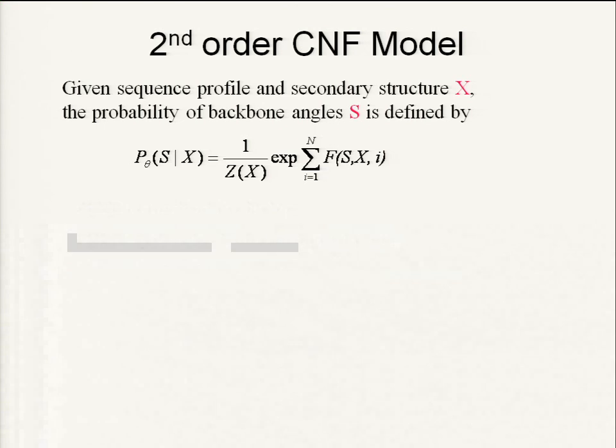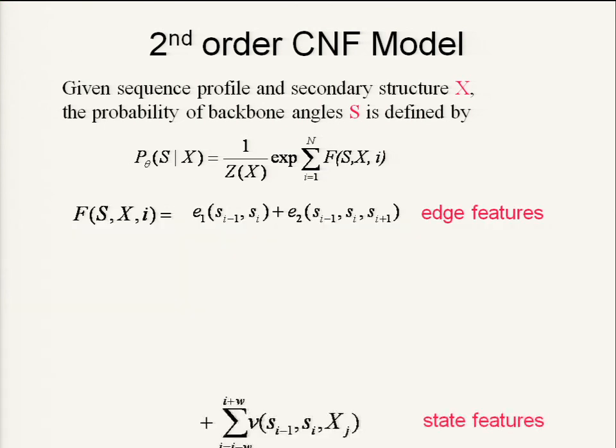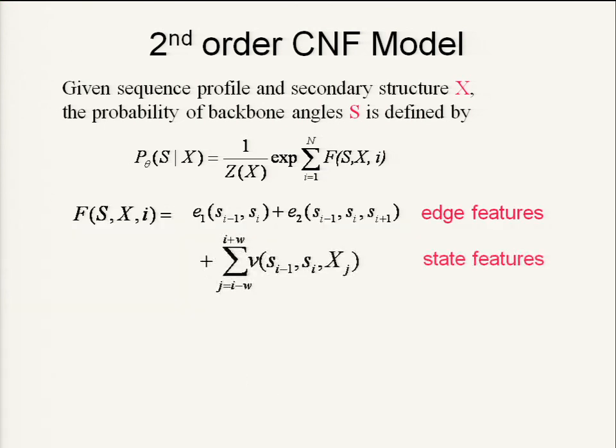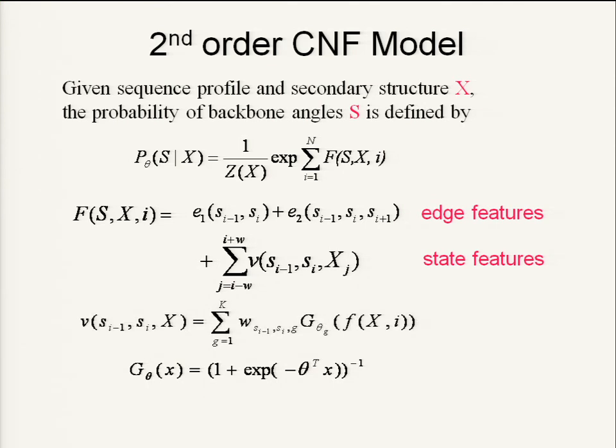It's composed of edge features, which describe the relationship between neighboring torsion angles, and state features, which are used to describe the relationship between the sequence profile and the backbone angle. So you can see that this is a linear combination of neurons, and that's the function of neuron gates.